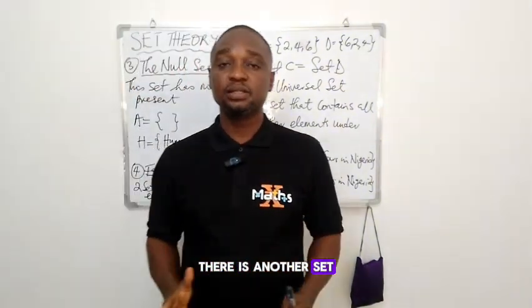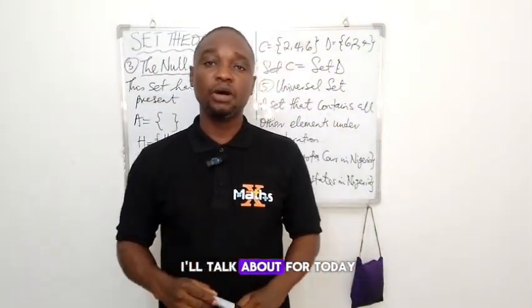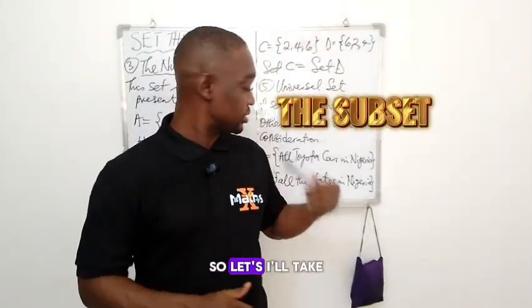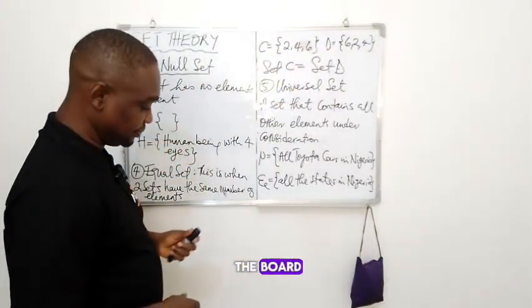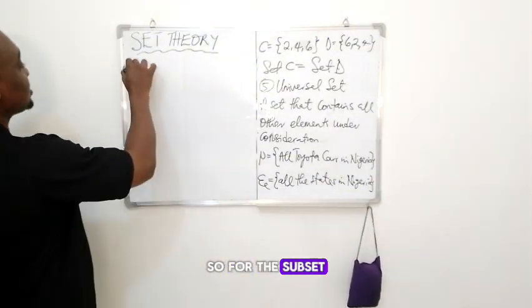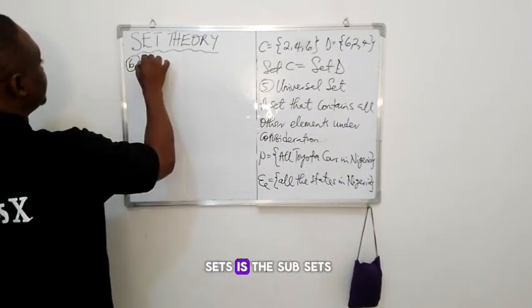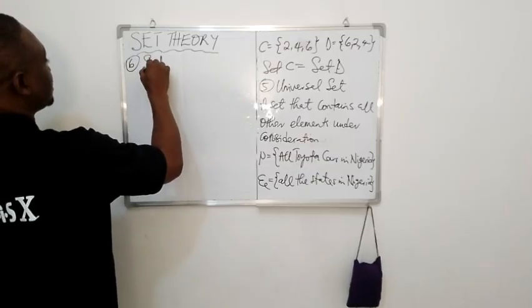There is another set. That's the last one I will talk about for today. That set is called the subset. So for the subset, that's number 6. The 6th type of set is the subset.